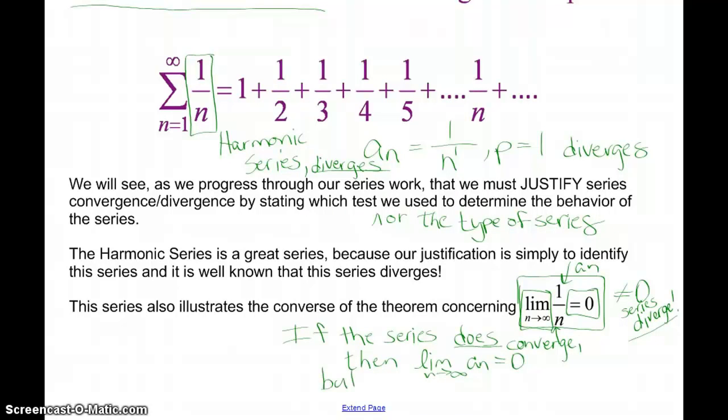But many divergent series also will have that nth term inside that limit as n approaches infinity go to 0.